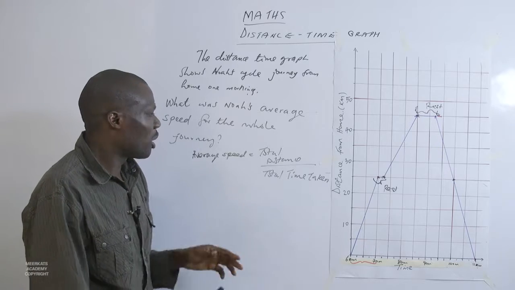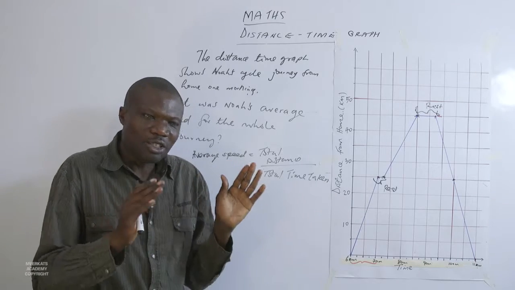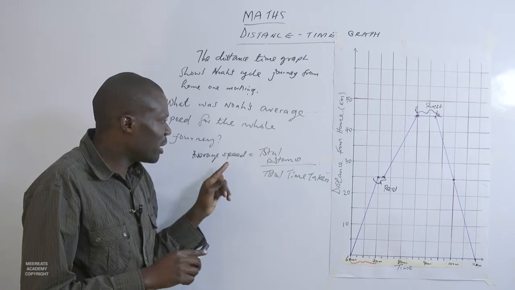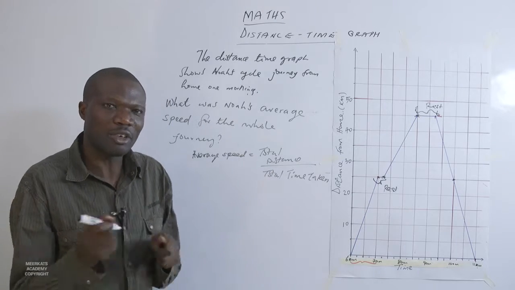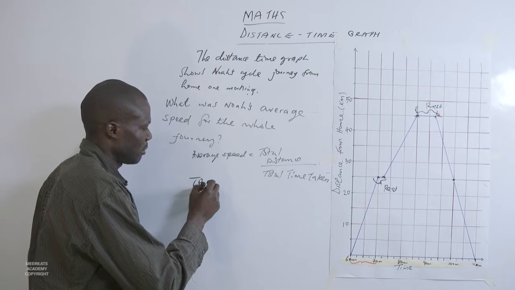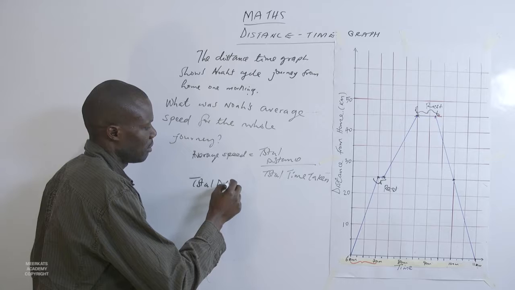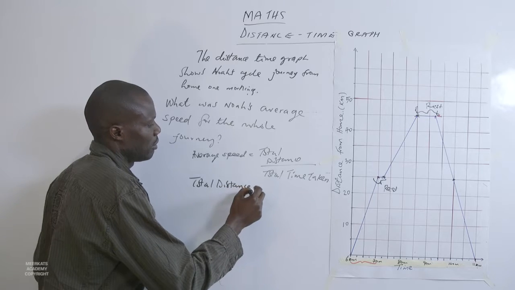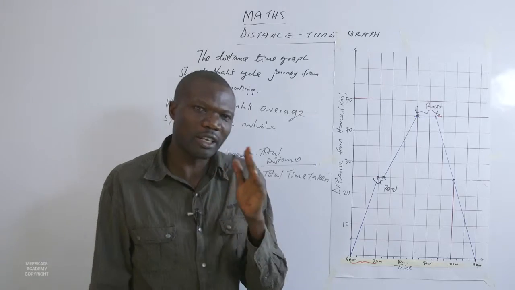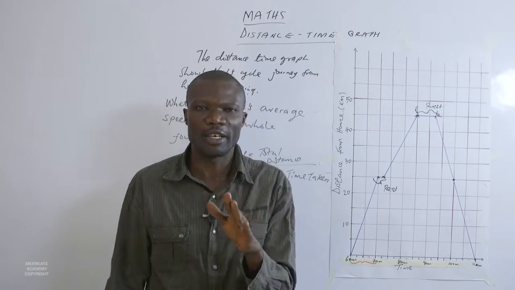Therefore, looking at the graph, and the answer should come from the graph, not anywhere else, what is our total distance? So let us first see how to come up with the total distance. Now, this journey, if you look at it closely, has two parts.